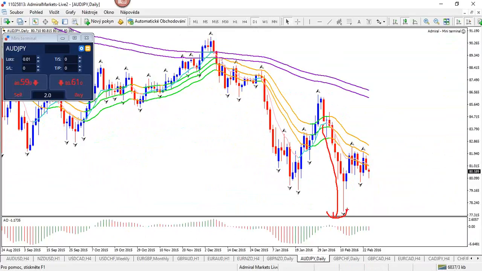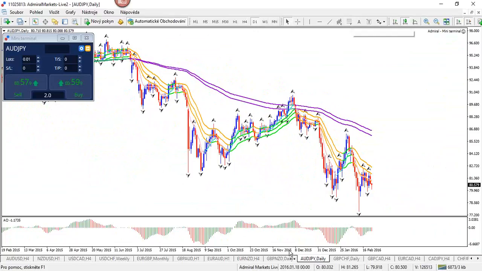We had good momentum here, but this is already a decent sized correction. So we had setups here and here, and then continuation here, or better said here maybe actually, and then here again.